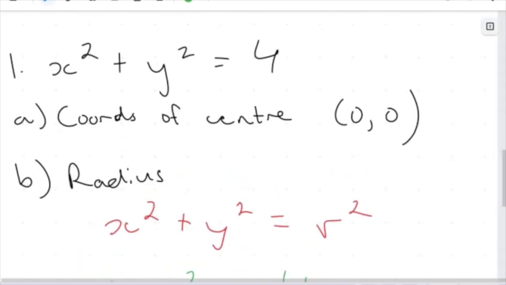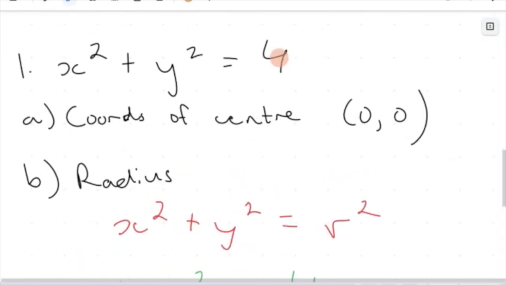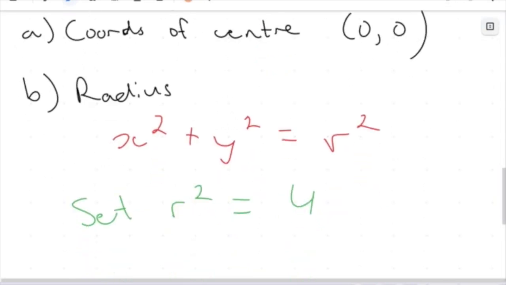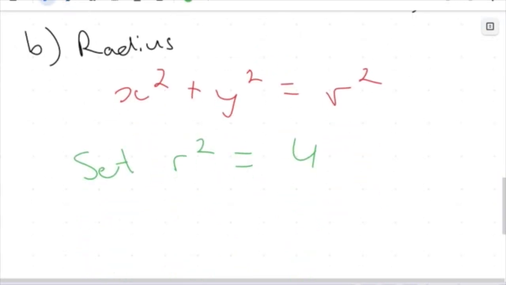Now, remember, this is going to be equal to this just based on our formula. So I want to find what my radius is. Since my radius squared is 4, then my radius will be the square root of 4, because I can take the square root of both sides.